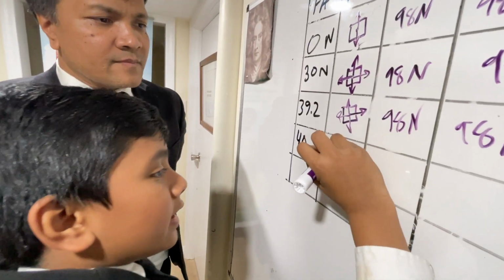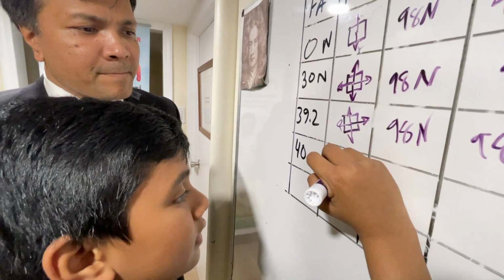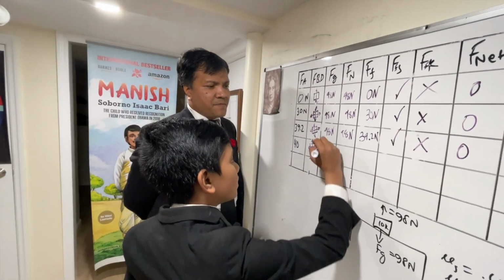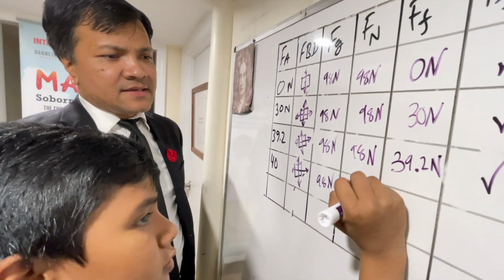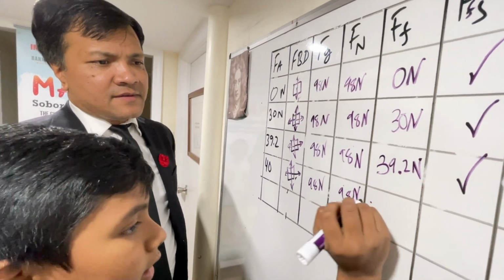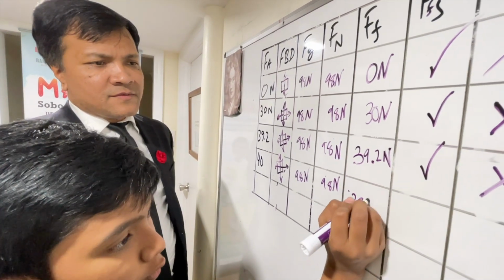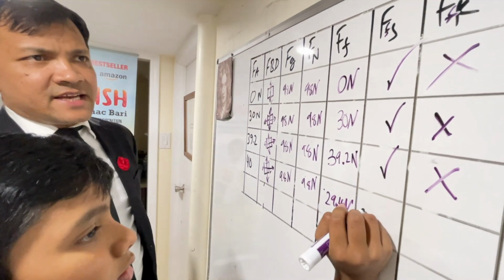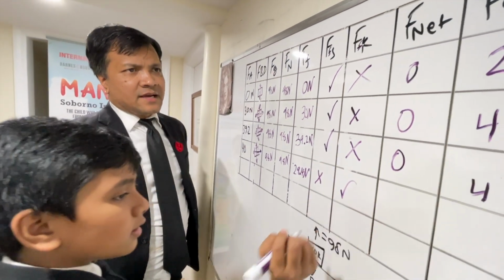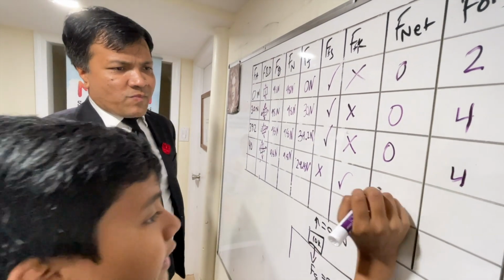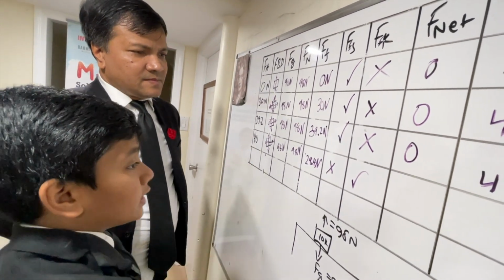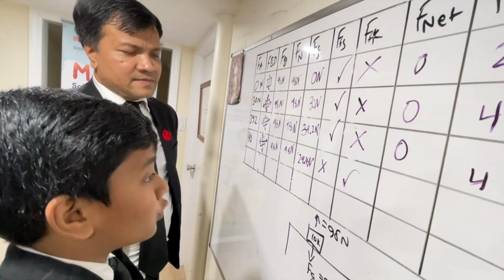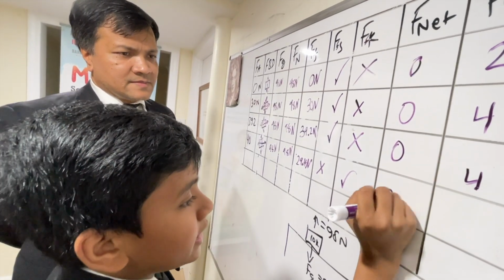So at 40, we have Fa. What is the Fg? 98 newtons. What is the Fn? 98 newtons. What is the Ff? It is now 29.4 newtons. Is it static or kinetic? It is kinetic. What is the F net? Well, what is the applied force? 40. So 40 minus 29.4 is equal to 10.6.